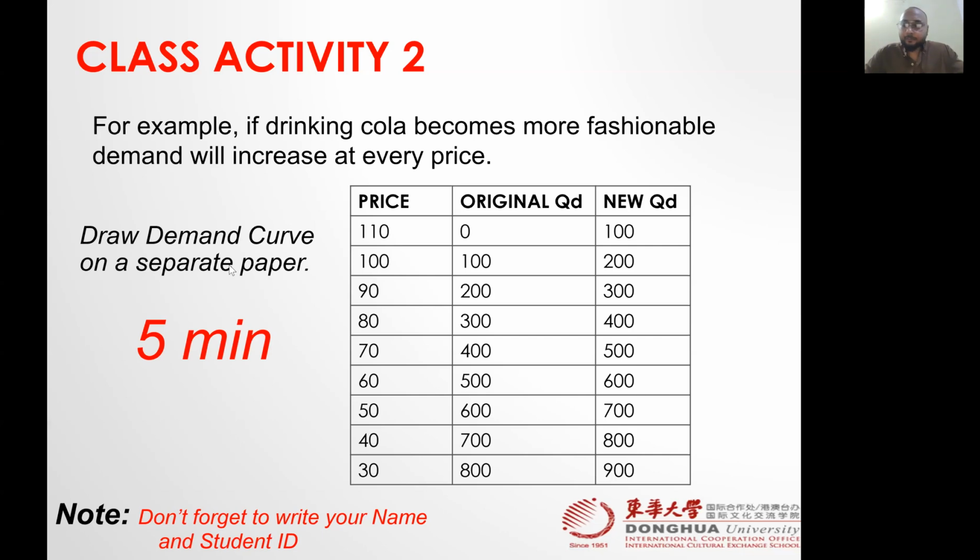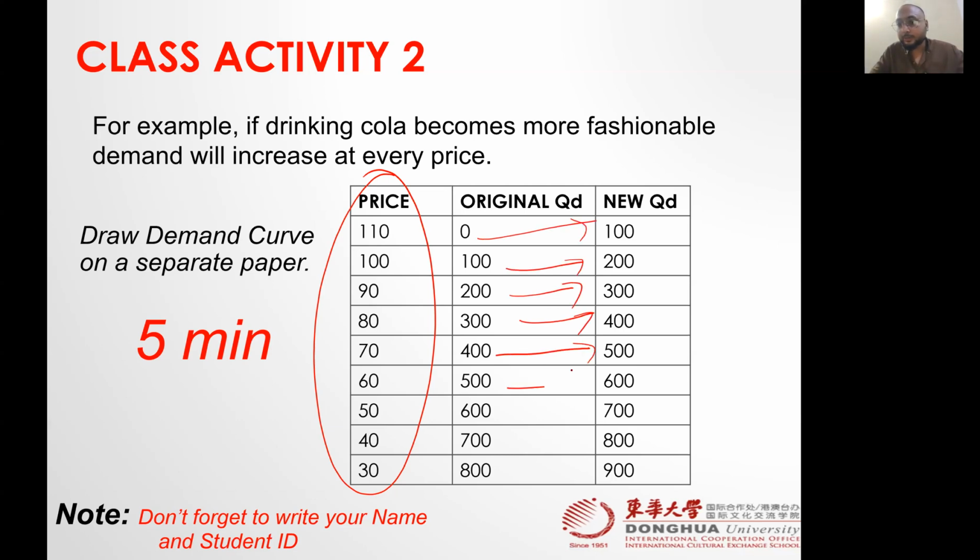Okay guys, welcome back after the breakout room activity. I received your work. So those who are watching online, please hear. You see price is here, and you see original demand is increased at every price level, meaning the reason is not price, some other factor. What factor?